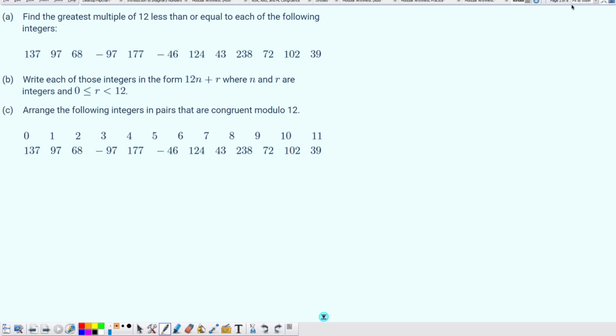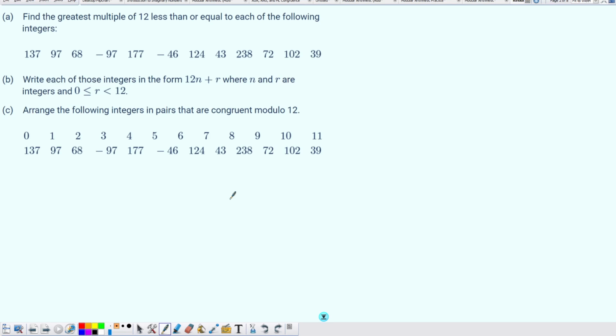Hello everyone. Now, we're going to be exploring a somewhat new concept in this modular arithmetic system by first exploring the following problem. We want to find the greatest multiples of 12 less than or equal to each of the following integers.